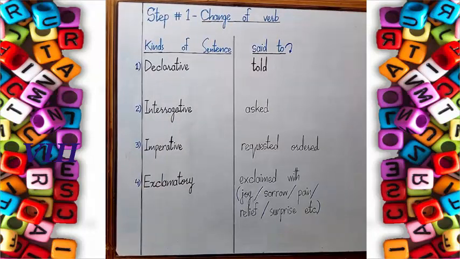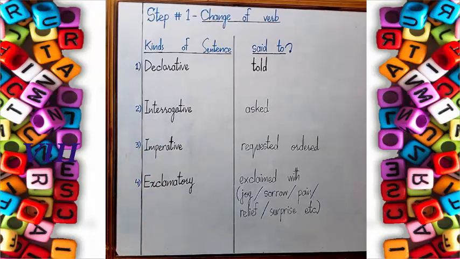Here we have step number 1, change of verb. And to understand this step number 1, which is change of verb, I will take you back to class 6, where you studied and learned about kinds of sentences. You must remember there are 4 kinds of sentence in English: declarative sentence, interrogative sentence, imperative sentence, and exclamatory sentence.